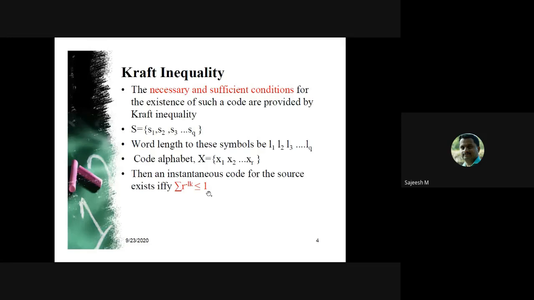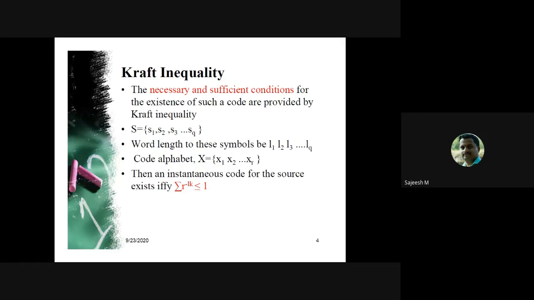For an instantaneous code, this criterion must be satisfied. It is a necessary and sufficient condition: sigma k equal to 1 to q r raised to minus lk less than or equal to 1. If it is a binary sequence, we can write the Kraft inequality as sigma k equal to 1 to q 2 raised to minus lk less than or equal to 1.